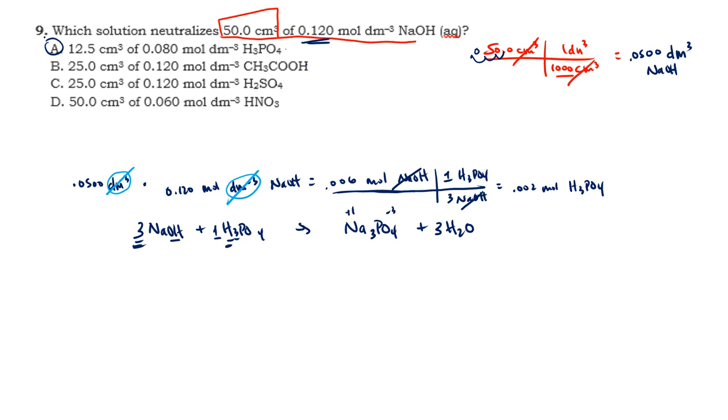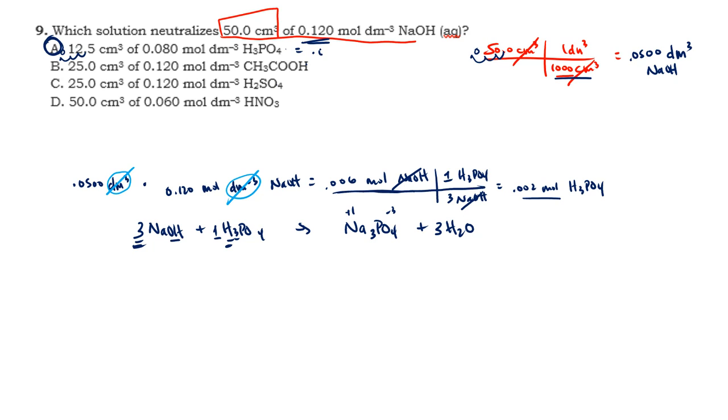So now I'm going to look at what I'm actually given here. Do I have that many moles of phosphoric acid? I need to turn my cubic centimeters into cubic decimeters, divide by 1,000 just like I did over here. We're going to go backwards, 1, 2, 3.